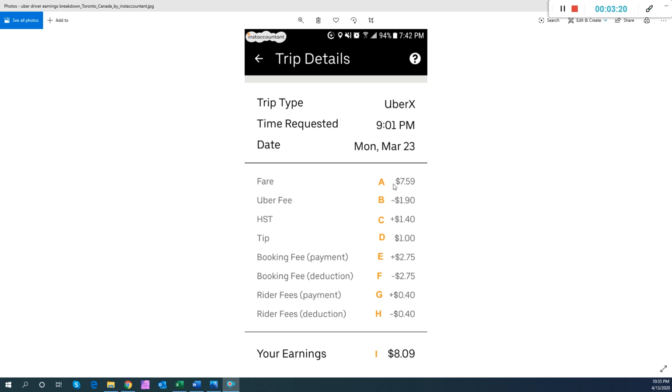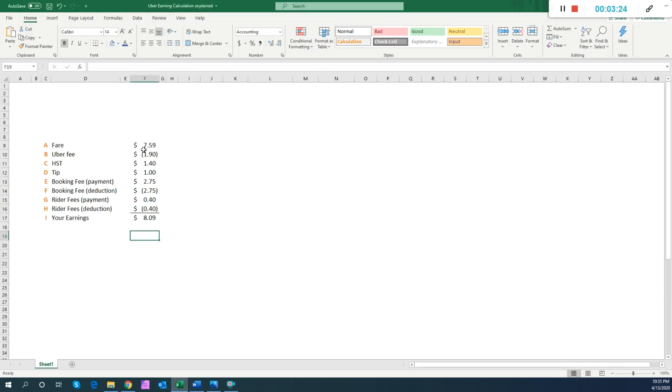I have also created an Excel sheet here, which replicates the same amounts. If I want to understand what the Uber fee is, I'm going to do B divided by A, that's the formula.